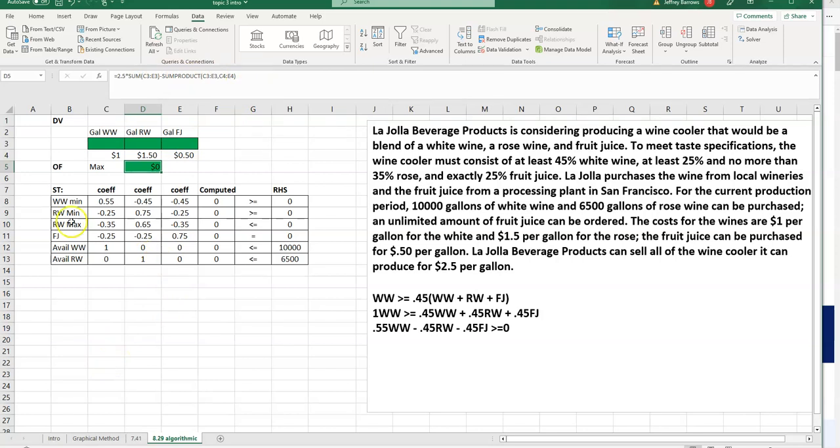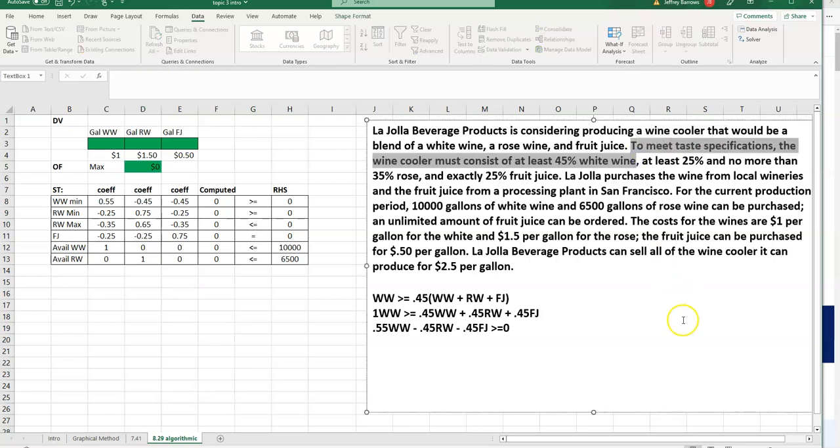So it looks like we've got about 5 or 6 constraints that we want to talk about here. This one may be a little bit more challenging. Let's talk about this first constraint. It says to meet taste specifications, the wine cooler must consist of at least 45% white wine. Down here I have detailed how I came up with all these crazy coefficients in this first line.